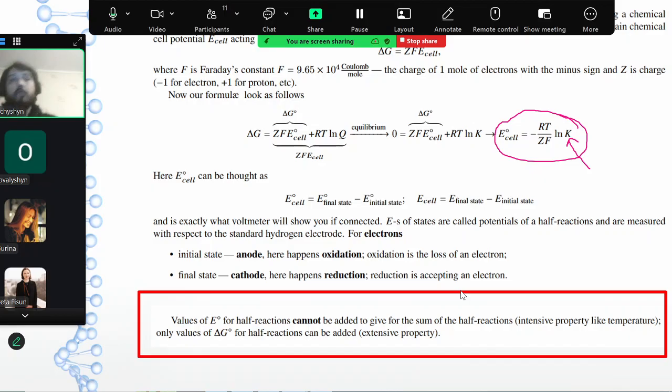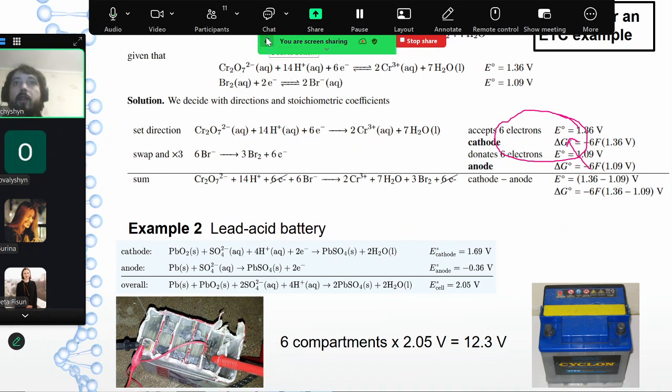That's an intensive property, like temperature. You cannot combine two glasses of water at 50 degrees C and 50 degrees C together to get 100 degrees C. That's impossible. So this is an intensive property, so we remember that. But values of delta G can be added. That's an extensive property. And I will show you an example of calculation.